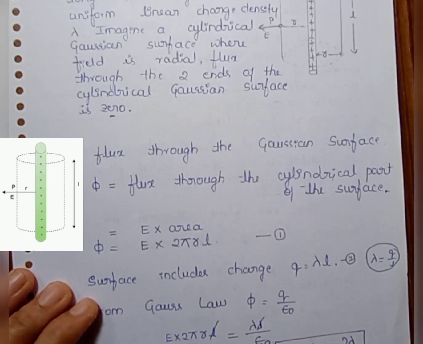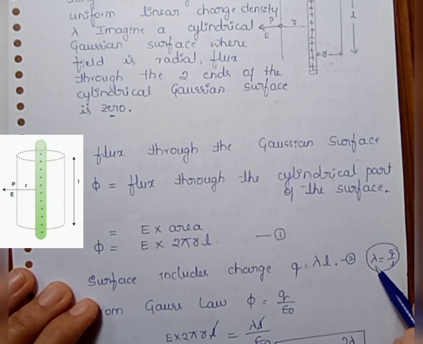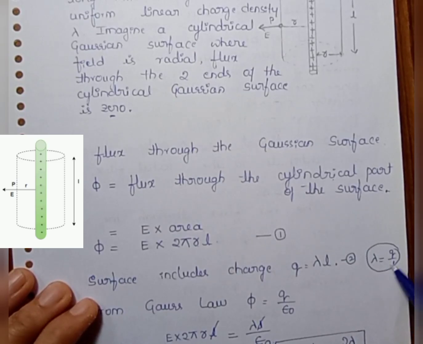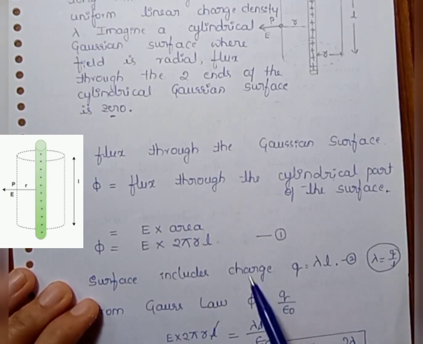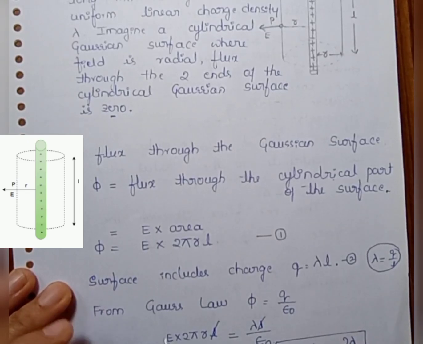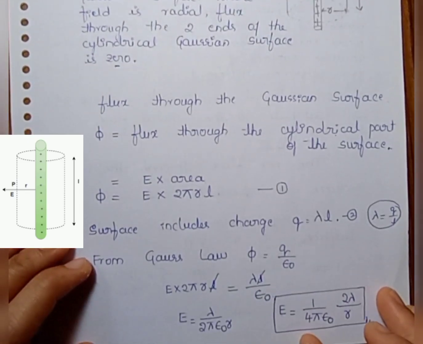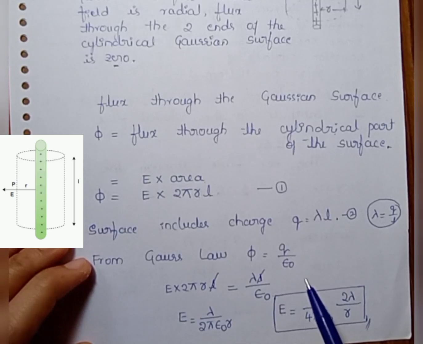Now we know linear charge density is the charge per unit length. Using that, the charge enclosed by the surface can be written as Q is equal to lambda into L. From Gauss law, flux is equal to 1 by epsilon naught times the total charge enclosed by that surface.